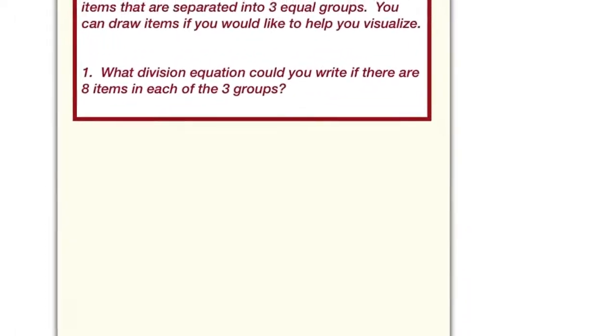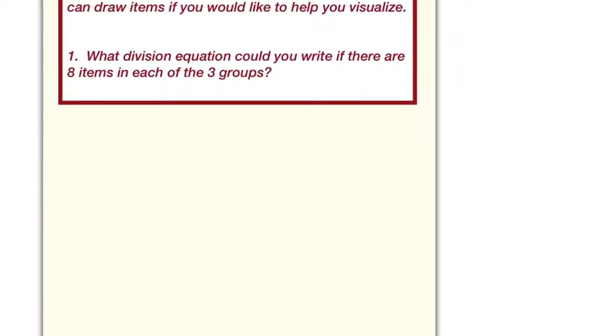Okay, what division equation could you write if there are 8 items in each of 3 groups? It says imagine that you have an unknown number of items that are separated into 3 equal groups. You can draw items if you would like to help you visualize.